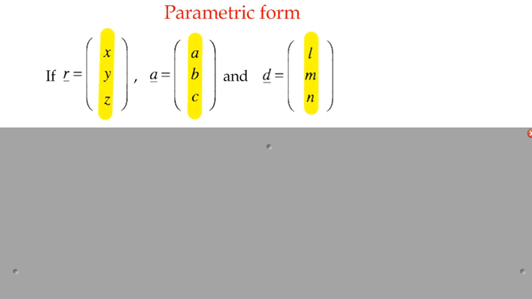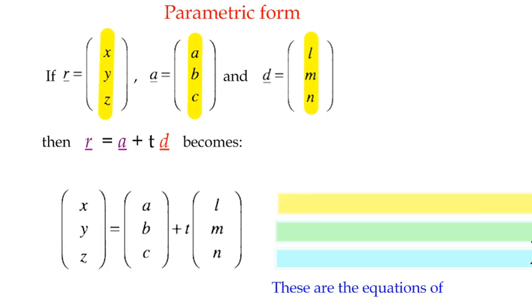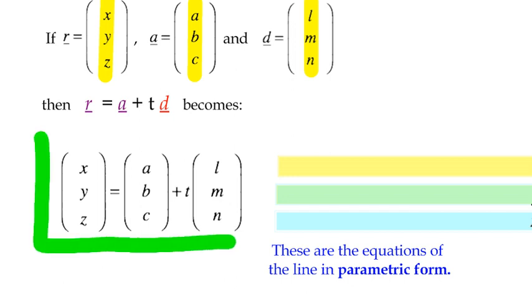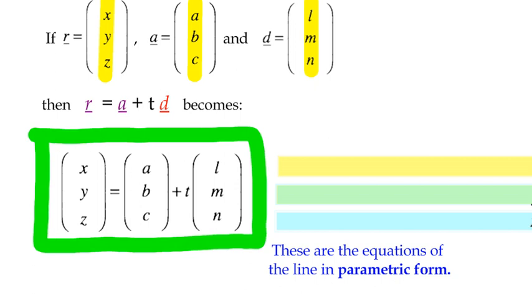So if we put it into our equation of a line in vector form, then we get this equation here. The only difference between that and the one in example A is I put in x, y, z in terms of the components rather than just calling it r. Okay, but there's a parameter t sitting here.